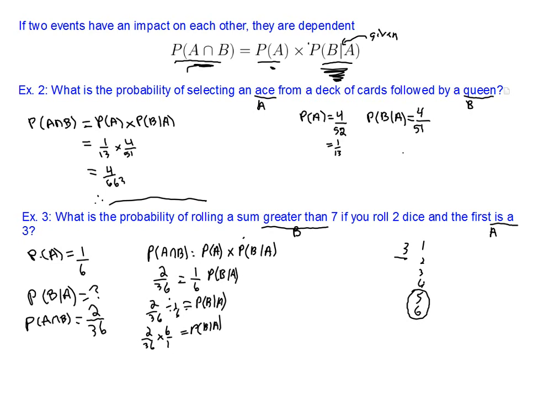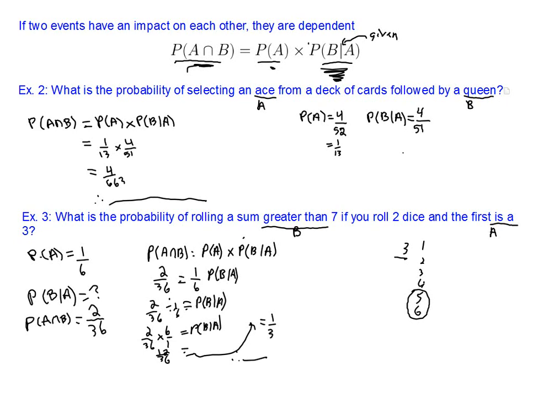And then we can multiply and reduce. So 2 times 6 is 12/36. I'll just finish this up over here since I'm running out of space. And we can reduce our fraction there to divide top and bottom by 12, and we get 1/3. So the probability of rolling a sum greater than 7, if your first die is a 3, then is 1/3. We can write a little statement here saying that.